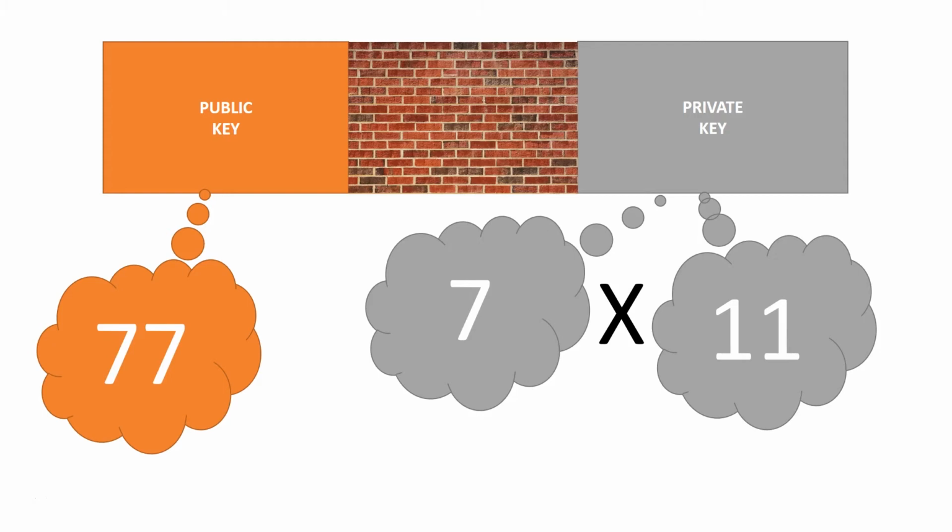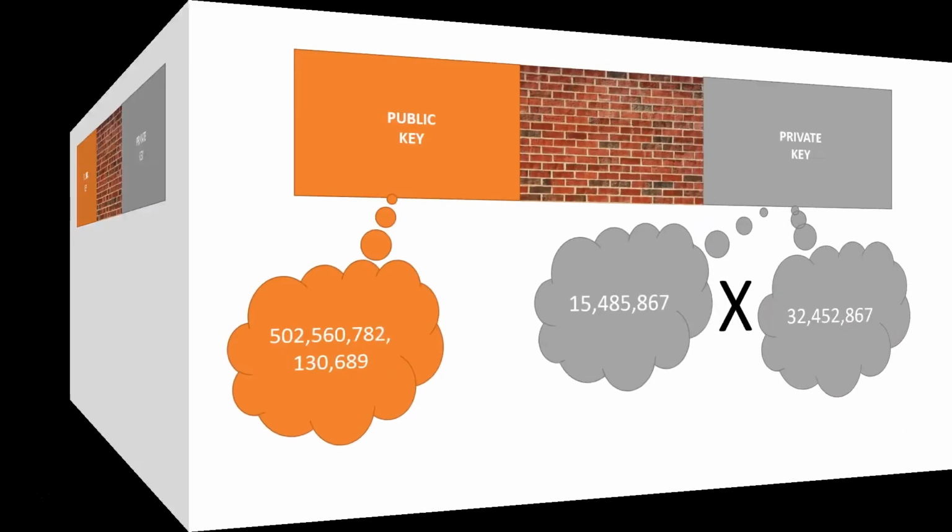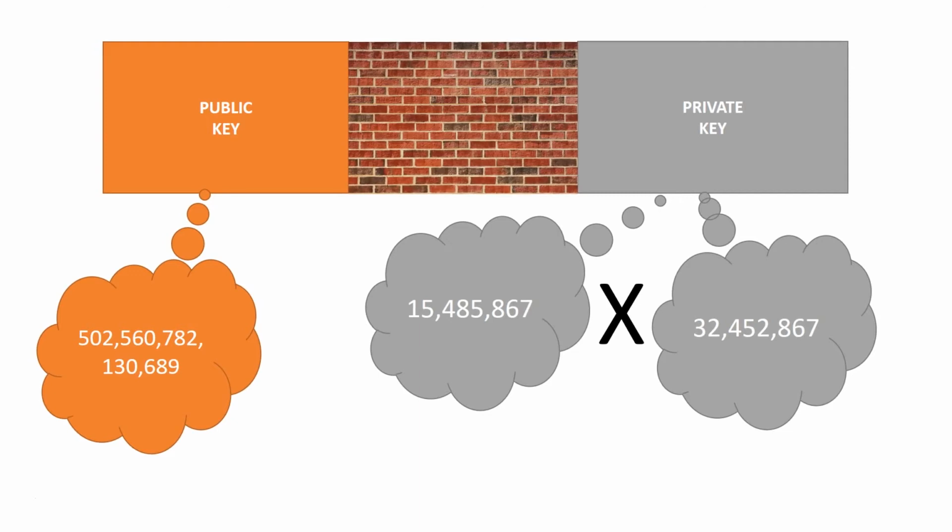Of course, the numbers are way bigger than this. So, if I pick two massive prime numbers and multiply them, and I come up with an even bigger number that is not a prime number, there's no way that you're going to figure out what two numbers you used to multiply to get to it and break the encryption.